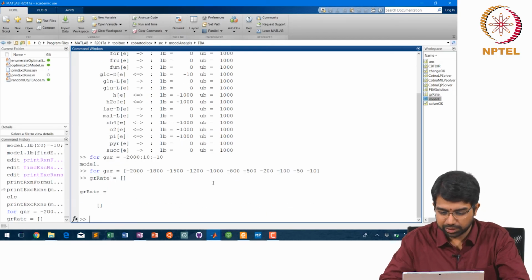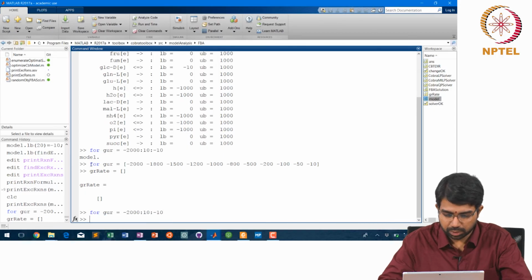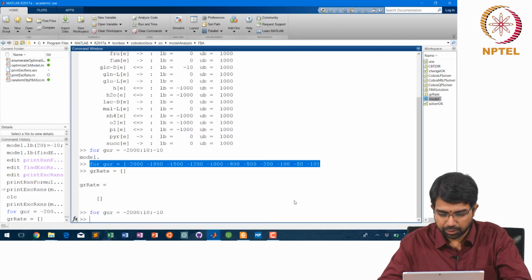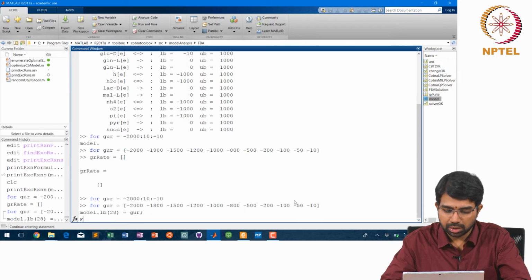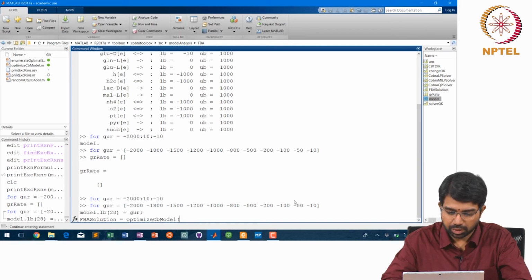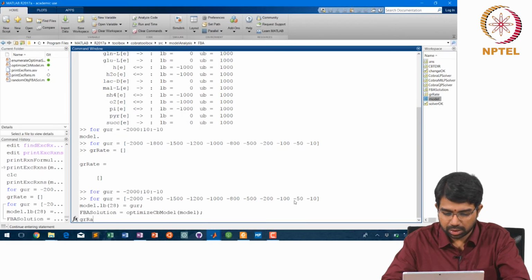Let us not worry about writing efficient code. model.lb(28) equals GUR, FBAsolution equals optimizeCbModel(model), and growth rate equals FBAsolution.x, right.